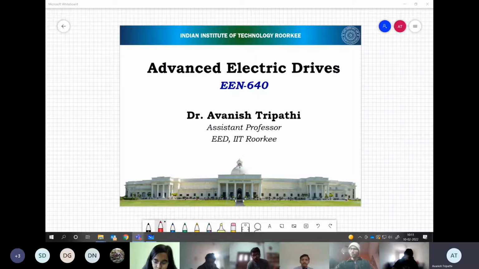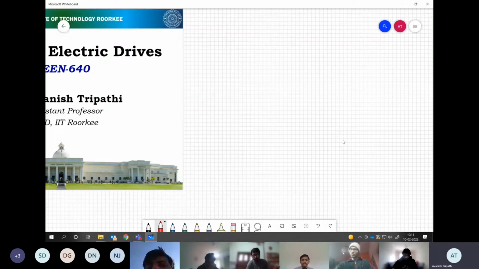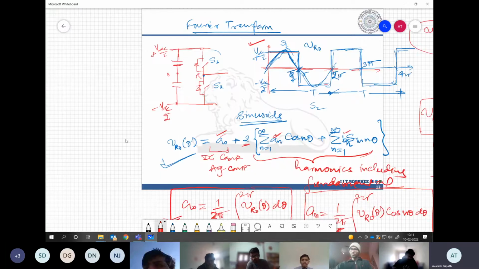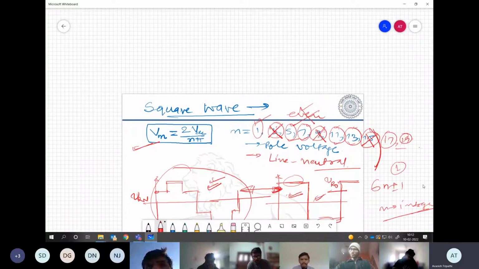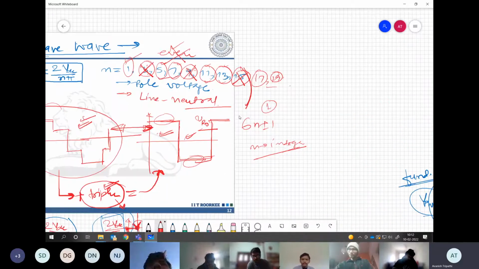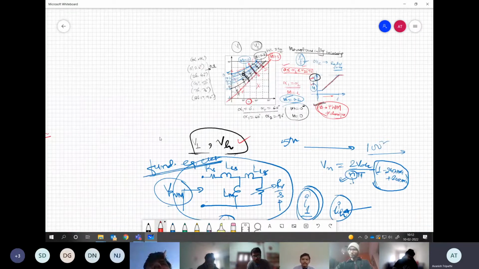Okay, very nice. So let us continue our discussion on the pulse width modulation techniques. What we are basically discussing now is how to decide which PWM technique is suitable for your work. So there has to be some way to judge your PWM technique.